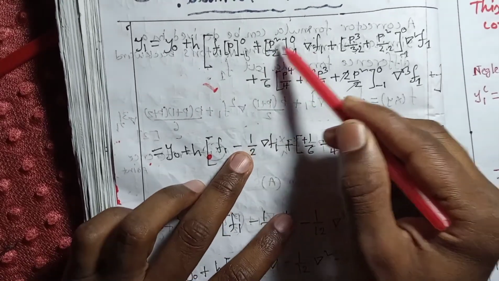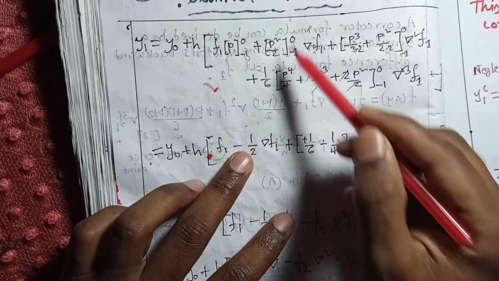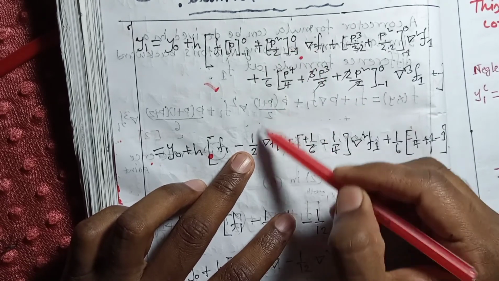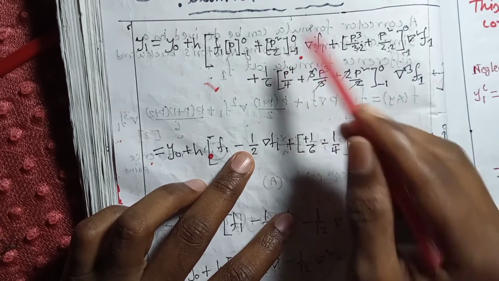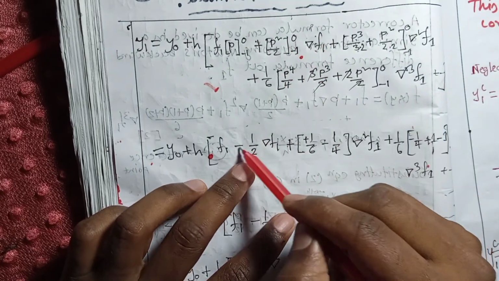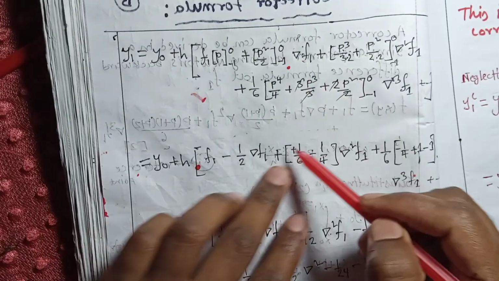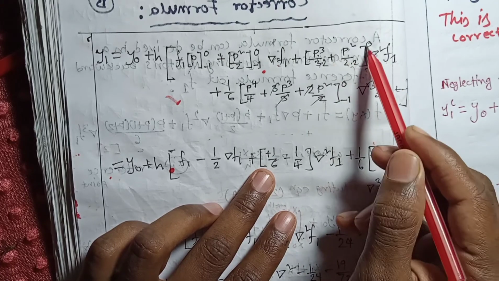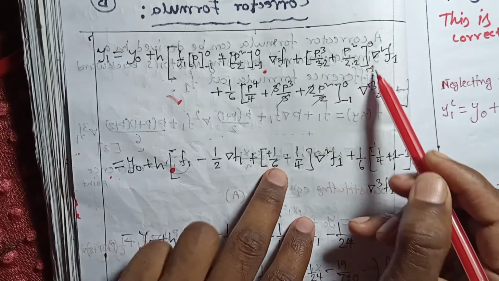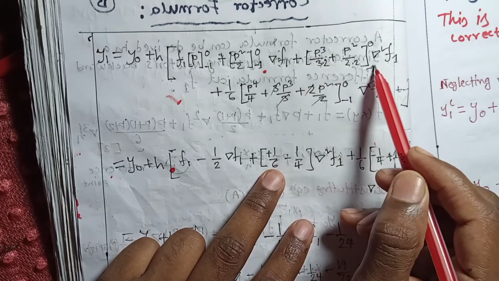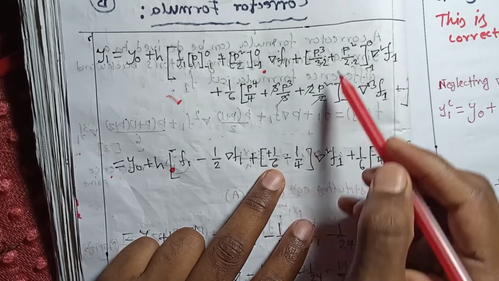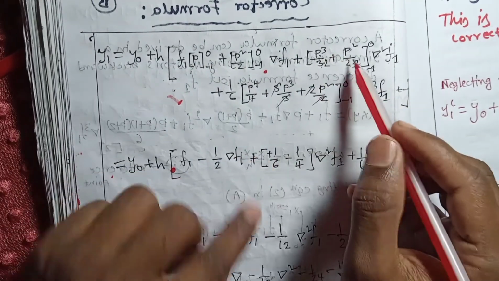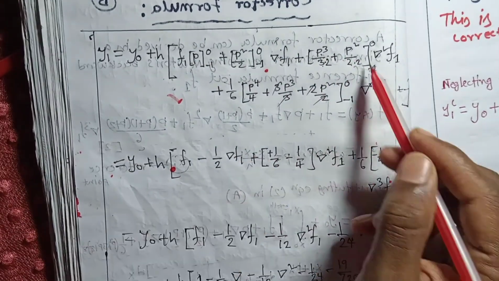For the second term, putting the upper limit we get 0, and minus 1 squared is 1, divided by 2, that is minus half nabla f1. For the third term, 0 and 0, and if we put minus 1 we get plus 1 upon 6, and here minus 1 upon 4.